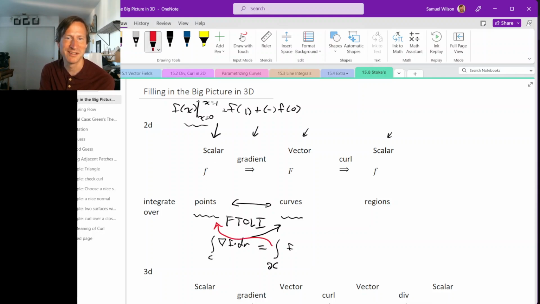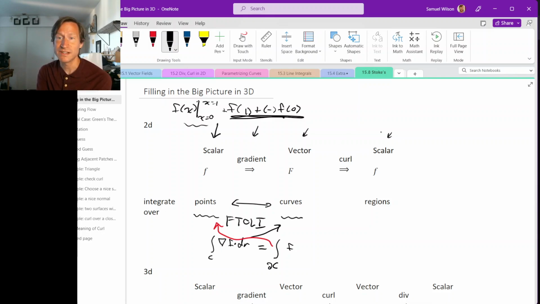Usually we write this as plugging in the endpoints and subtracting. Okay, so the fundamental theorem of line integrals gives us a link between these 2 steps in this sequence.